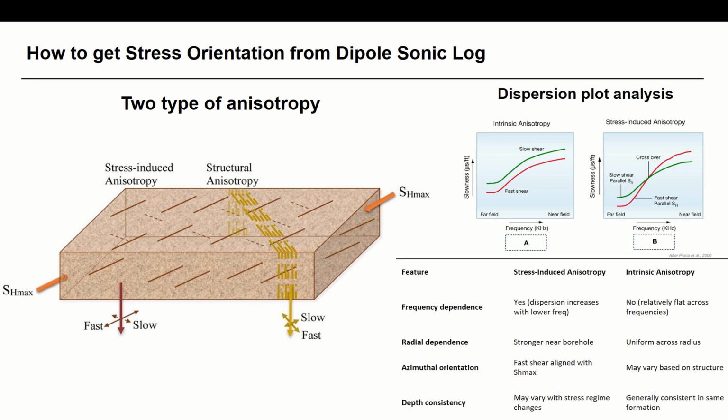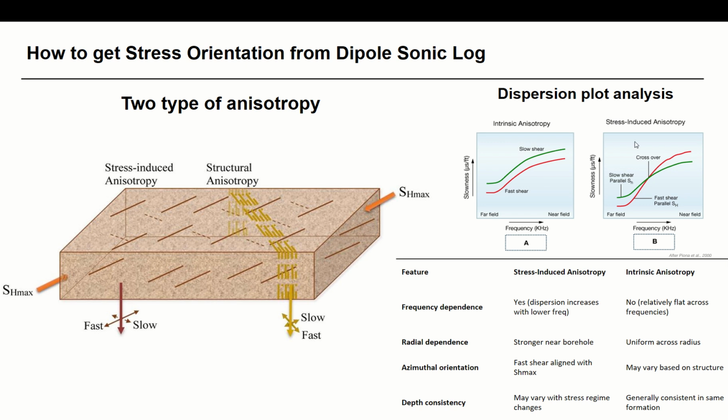As you know, when the shear wave arrives at the formation and faces an anisotropic medium, it will be split into two waves, slow and fast waves. One will follow the fast direction, and the other will follow the slower direction, which is logical.